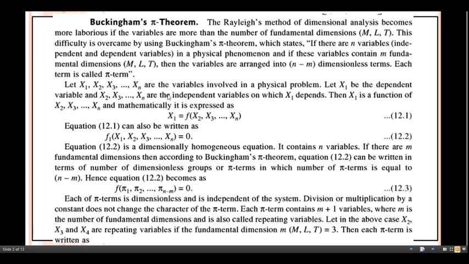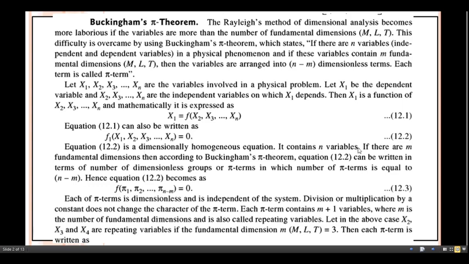Then x1 is a function of x2, x3 up to xn, and mathematically it is expressed as x1 equals a function of x2, x3 up to xn. So this equation can be written as f1 of x1, x2, x3 up to xn equals 0. This equation number 2 is a dimensionally homogeneous equation.